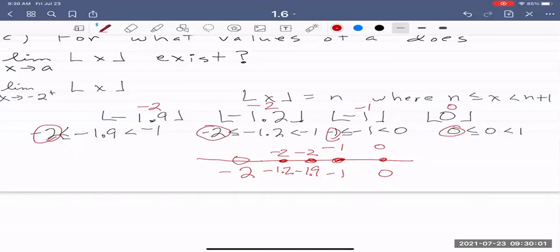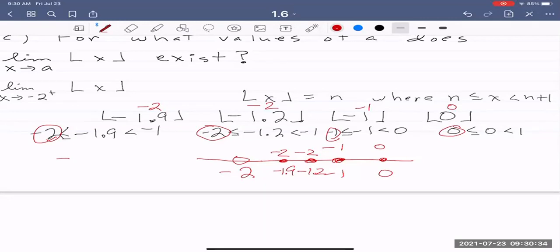Oh, I wrote that incorrectly, by the way. Let me fix this. This is a -1.2, and that's a -1.9. -1.9 is closer to -2 than -1.2 is.